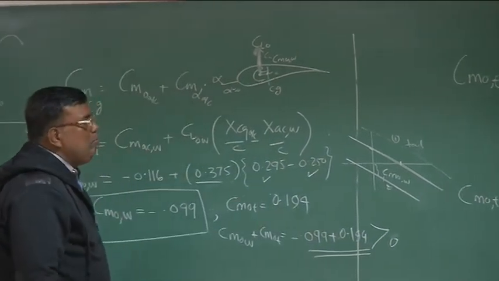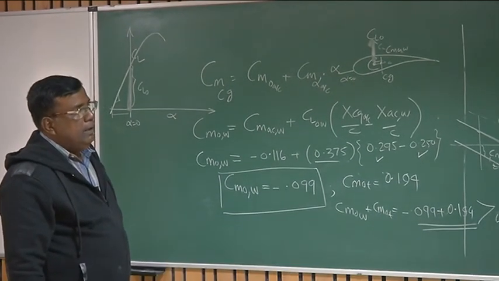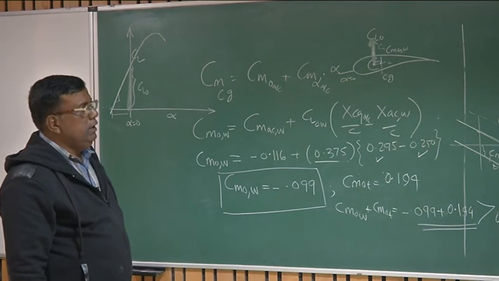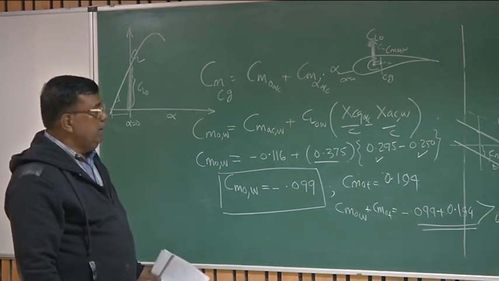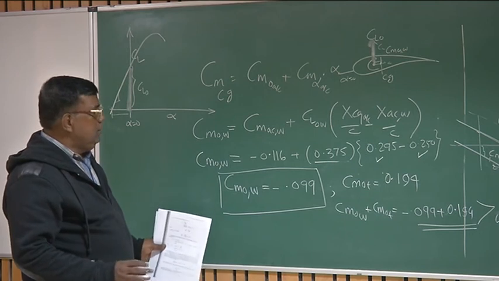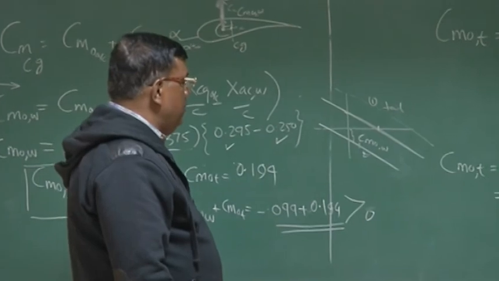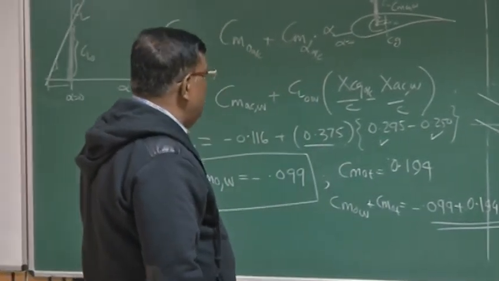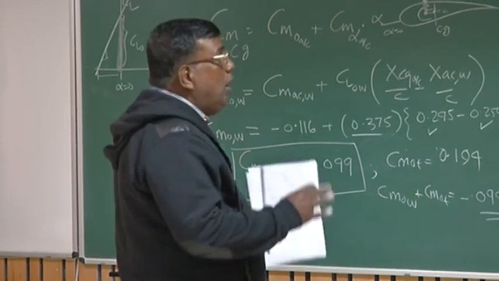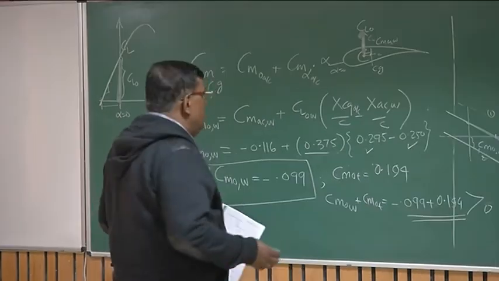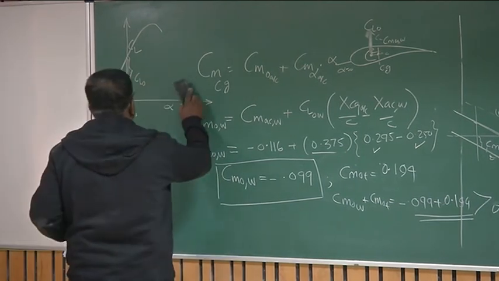So indeed, it's a design where appropriate tail setting has been given, which is 1 degree, and also wing setting angle given, so that you find finally your Cm naught is positive. Okay, this is very important. So we have seen the contribution of wing, contribution of tail on Cm naught. We now know how to use these expressions, right? We now see how to compute the contribution towards stability.